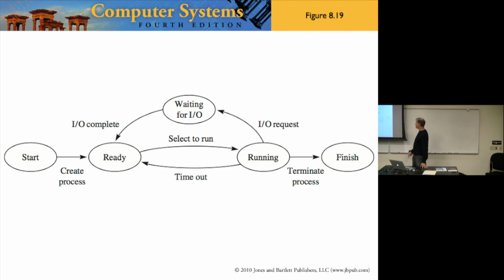Now this next figure, figure 8.19 from this book, is really important that we understand. This is a classic picture of what happens to a job in a multi-programming system. So let's imagine that the job is Microsoft Word, and you want to start it.